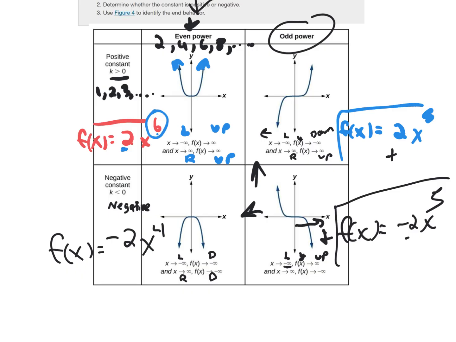And then as x goes to infinity, that means to the right, the y values are going to negative infinity. The y's must be going down, clearly in the picture. So there's a very good cheat sheet of looking at positive and negative coefficients combined with an even or odd power.